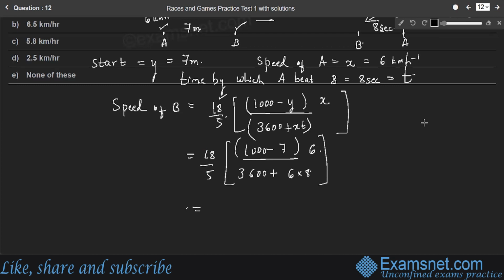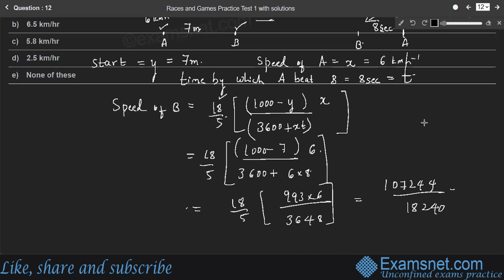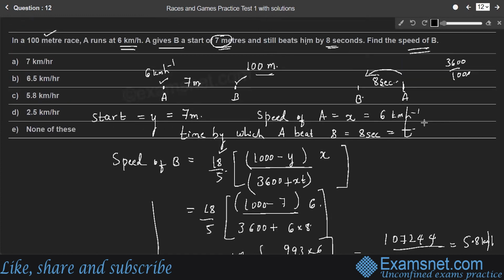Therefore, 18 by 5 into 993 into 6 divided by 3648, right? Therefore, you will get 1,07,244 by 18,240, right? When you divide 1,07,244 by the denominator, we get 5.8 kilometer per hour as the speed of B. Speed of B is 5.8 km per hour. Hence option C is the right answer.